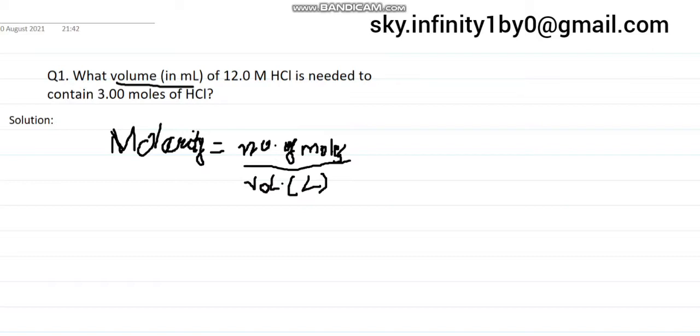Now let's see what is given to us exactly in this question. First of all, molarity itself is given to us. Molarity of HCl given to us is 12. So let's write what is given to us. Given to us is molarity of HCl, which is equal to 12 molar.